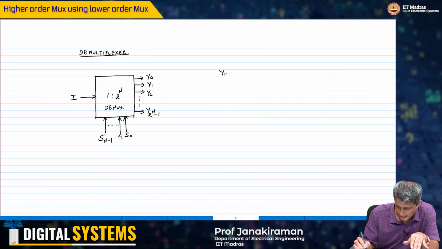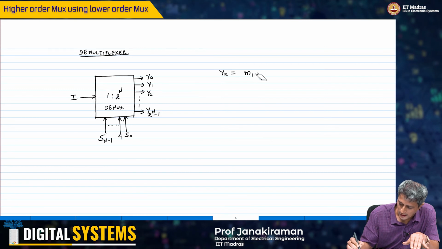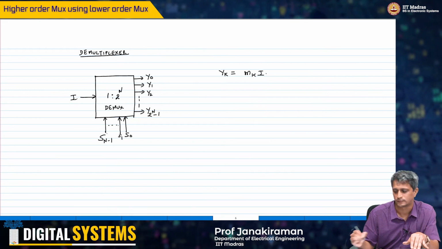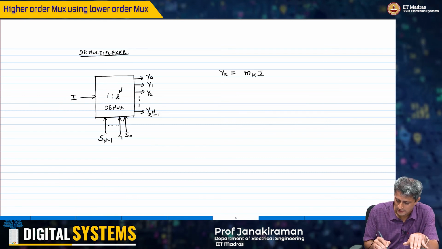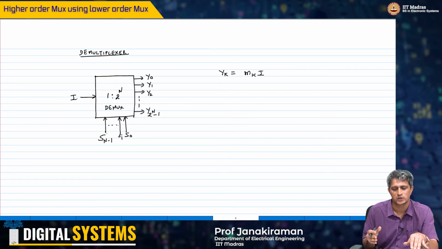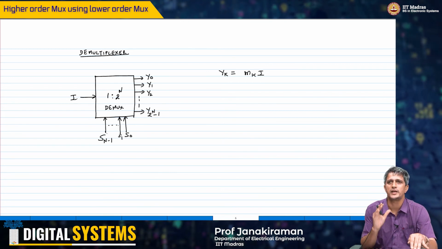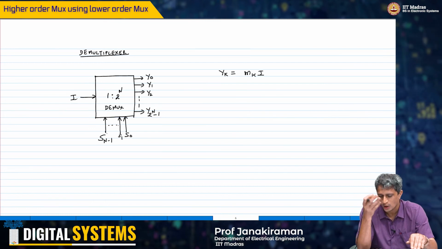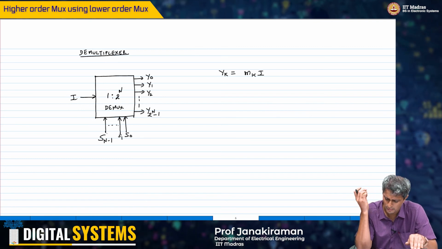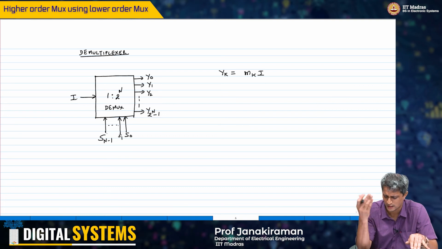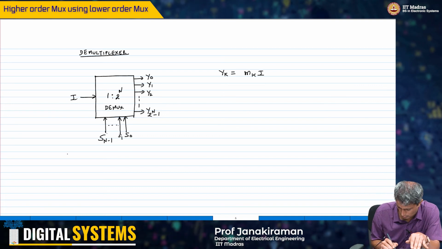The output yk is simply going to be the minterm mk ANDed with I. Essentially, if Sn minus 1, all the way to S1, S0 are all 0, then minterm 0 will go to 1 and you want the output y0 to have the input I. Sometimes it may be painful to write this in terms of a truth table, but we could attempt that also.